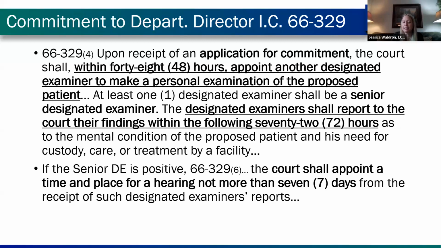But with so many entities involved with the courts and the hospitals and everybody, it's hard to get everybody doing the exact same thing. So the senior DE, once they have those orders, they actually have 72 hours to see the patient and submit their report to the court of whether or not that patient meets criteria.